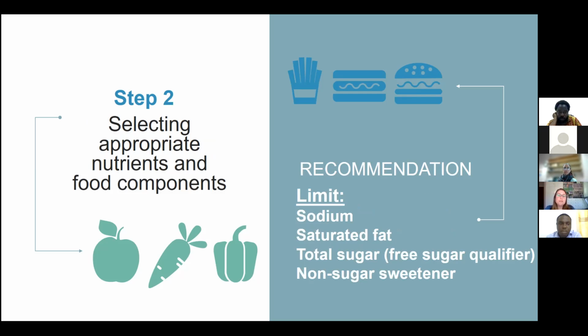And because our purpose was to identify unhealthy foods, it was appropriate for our nutrient profiling model to only include nutrients to limit. Those we identified as suitable were sodium, saturated fat, total sugar with a free sugar qualifier for inclusion, and non-sugar sweetener.